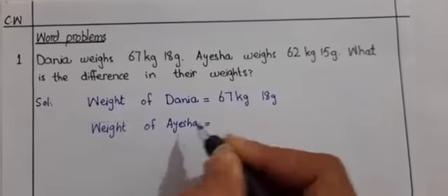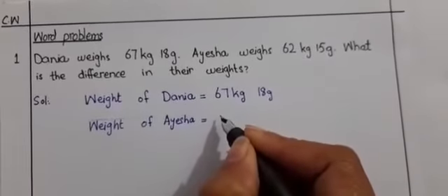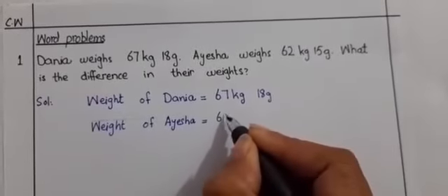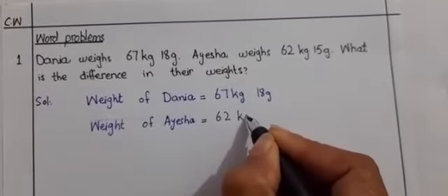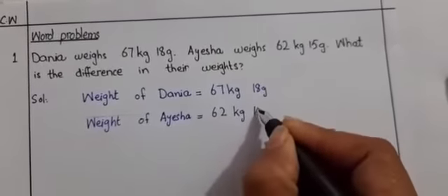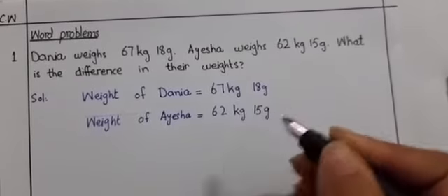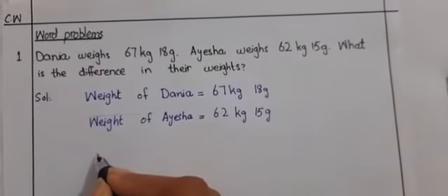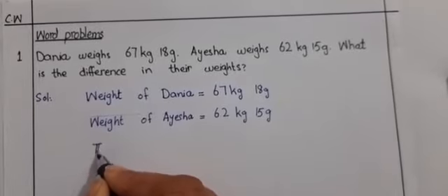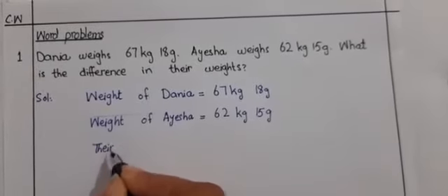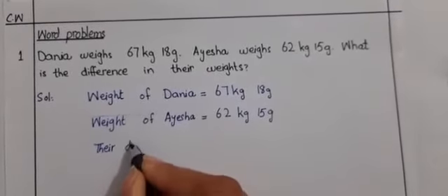As these are the nouns, so I am writing the first word capital. That is 62 kg and 15 g. Now we will write their difference.